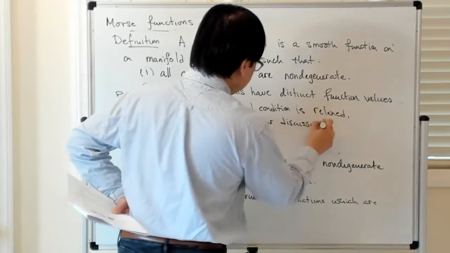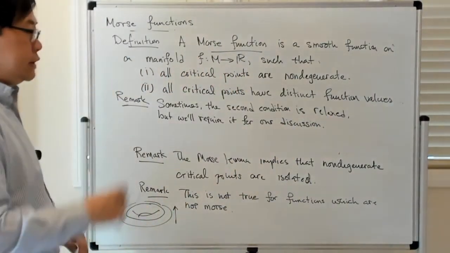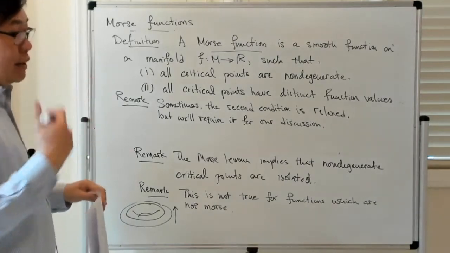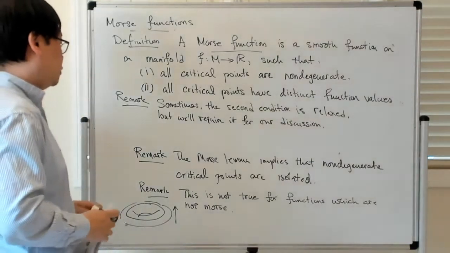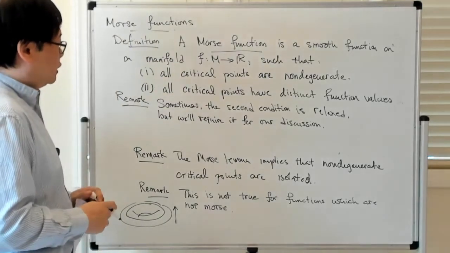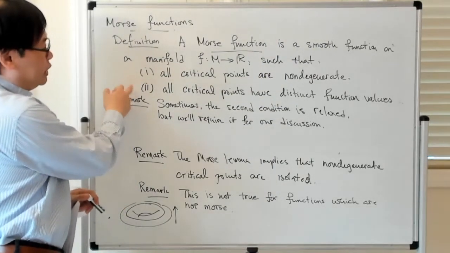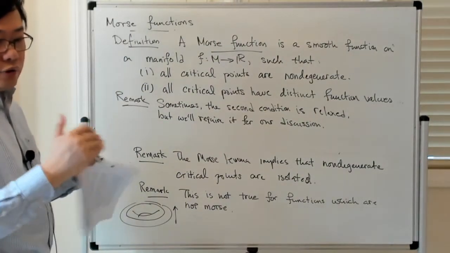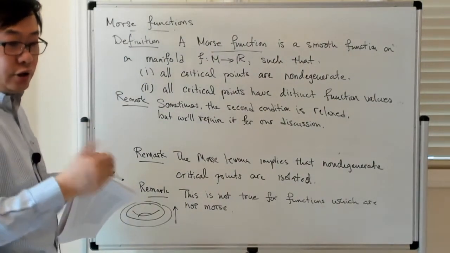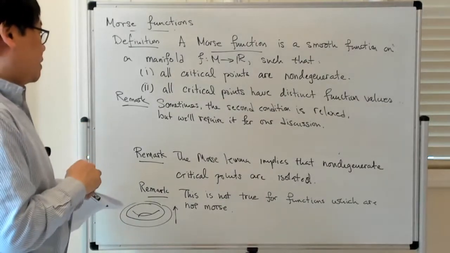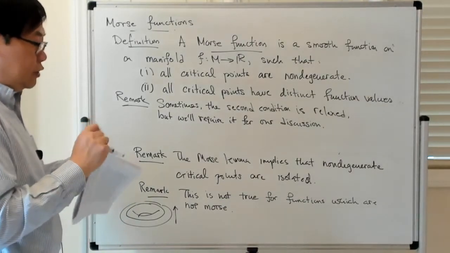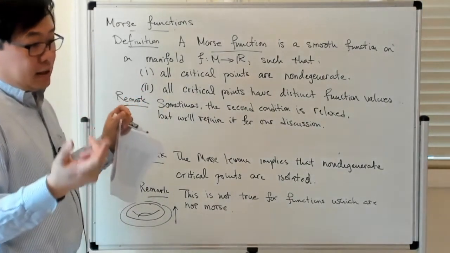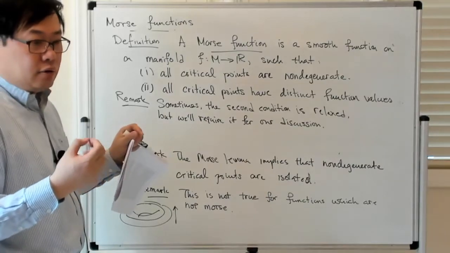And the reason, of course, is because it's precisely at the critical values where the topology of the sublevel sets change. So if you maintain the second condition that all critical points have distinct function values, then you're only going to get one change in the topology, and you don't have to worry about multiple homology classes being created or destroyed.